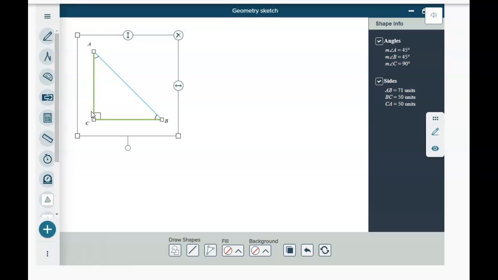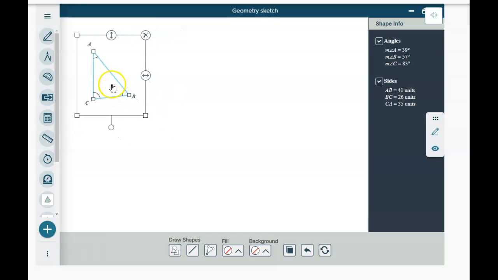Now a triangle in which all angles are acute, so let's see here, I need all angles being acute, so that would be more like this.